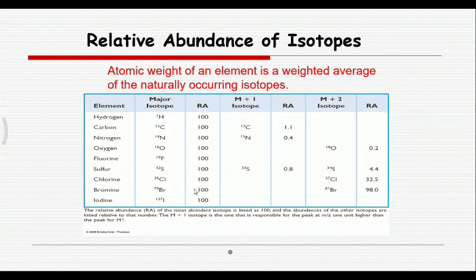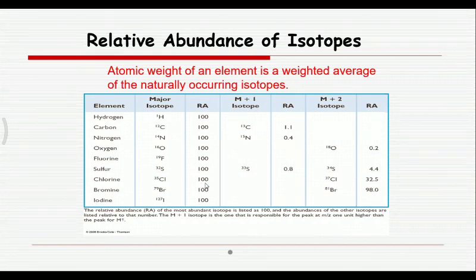An important thing to note down is, as we go down, sulfur has three isotopes. Out of the three, two are important, sulfur 32 and sulfur 34. 32 is 100%, 34 is 4.4%. Now chlorine, you can see chlorine 35 and chlorine 37 are almost one third of each other.